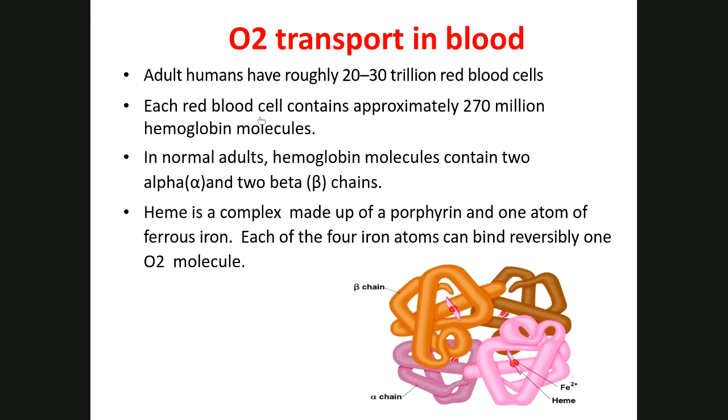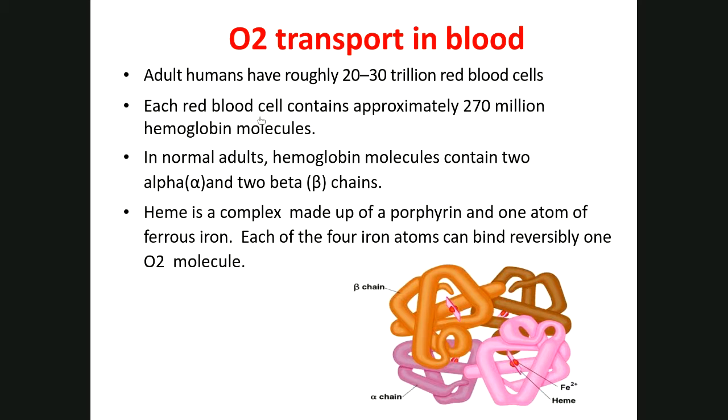The hemoglobin has 2 alpha and 2 beta chains in its quaternary structure, which also has an iron atom that binds reversibly with oxygen. Hemoglobin is the perfect carrier for oxygen. Without hemoglobin, the human body would not be able to survive.